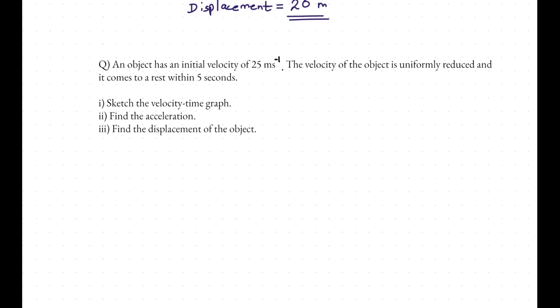Miss, initial velocity means the starting time. The starting velocity, yes.